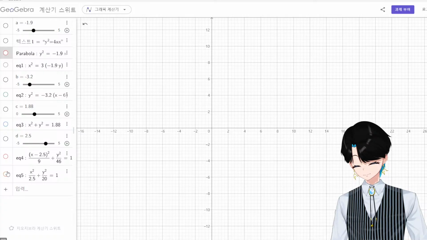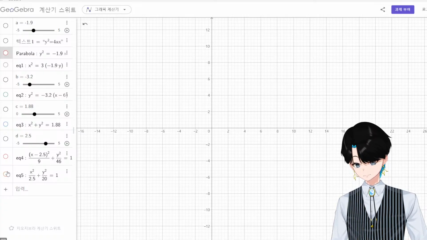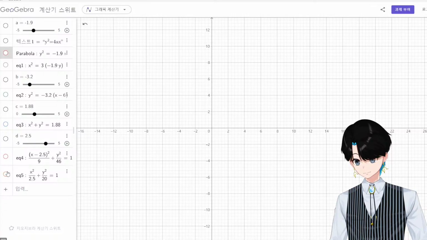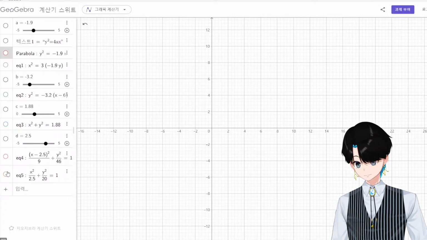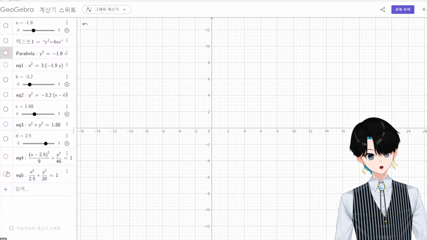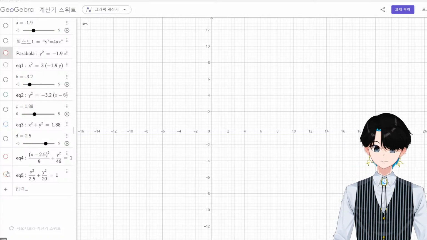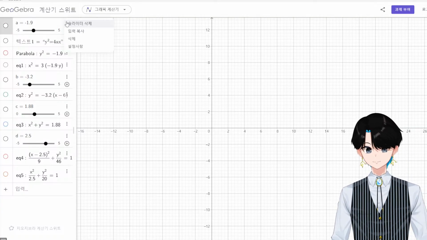From the sphere to the ellipse. I can probably do that.